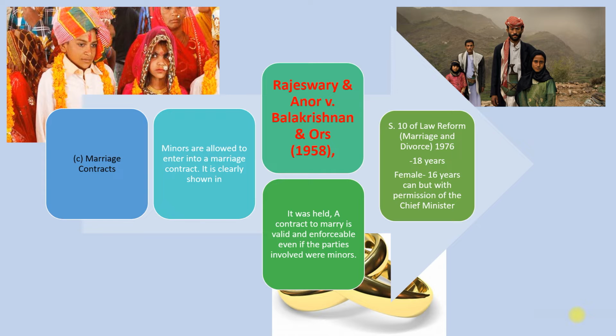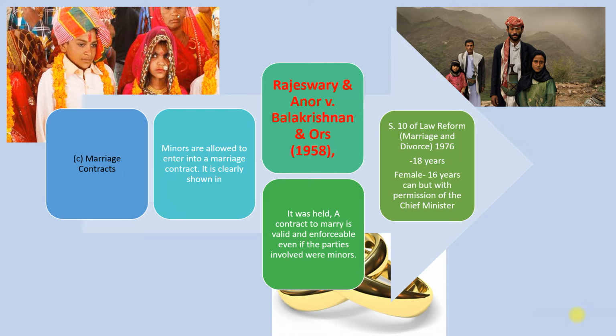However, under section 10, and this is for non-Muslims, section 10 of the Law Reform (Marriage and Divorce) Act 1976 states that this is the present law whereby both the bride and the groom must attain the age of 18 years, meaning to say they must be adults.